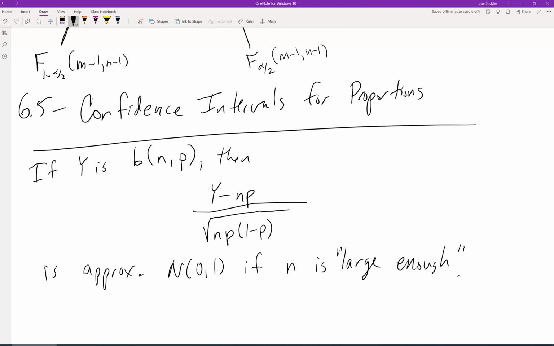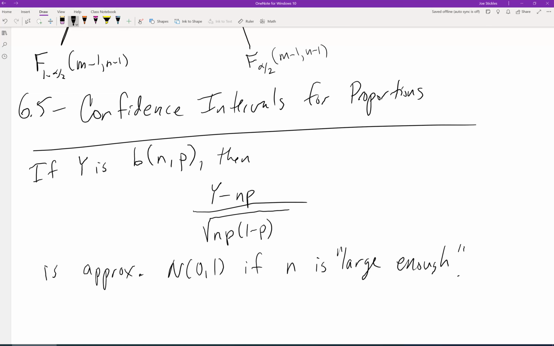All right, so let's see if we can rewrite this a little bit, because again, in this form, that's great, it's a normal random variable. However, we're trying to approximate this parameter, the p. Right? The n we'll know. The n is the sample size. So if we have a sample, we'll know what n is. It's the p that we're trying to figure out.